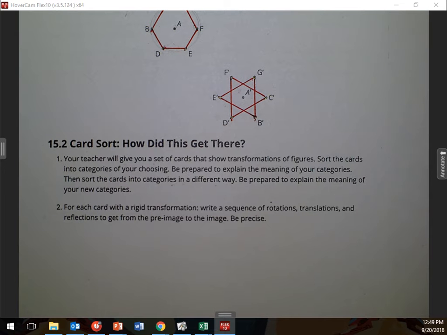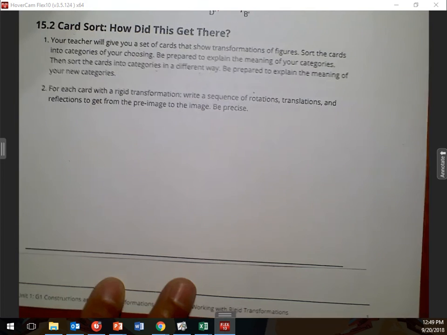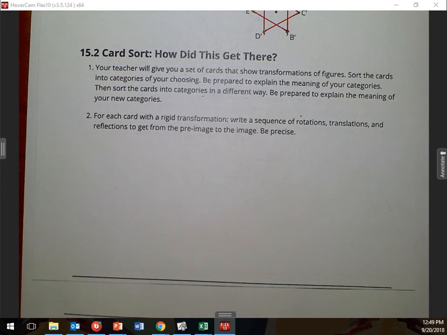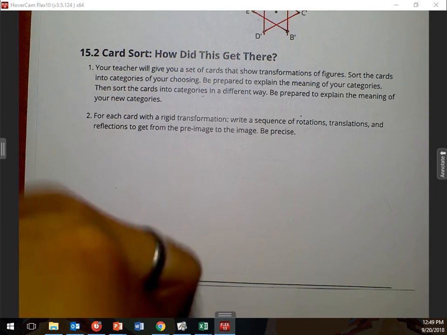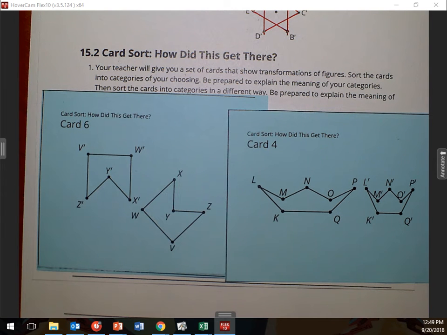Let's take a look at it now. Does anyone want to volunteer what they had? Go ahead. Like 6 and 4. Hold on. Pointy group. 1 and 2 because they're triangles.